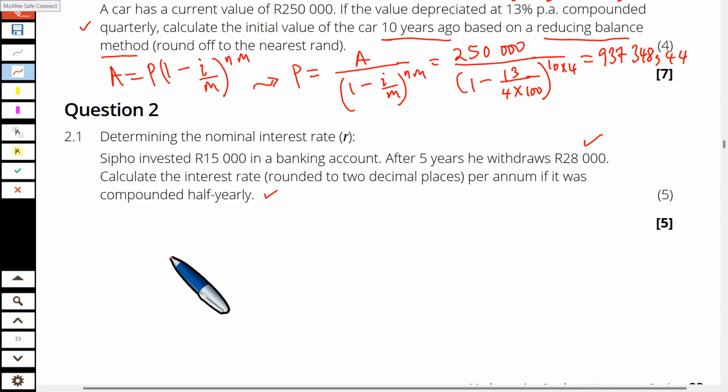Determining the nominal interest rate R. Sipho invested 15,000 in a bank account. After 5 years, he withdraws 28,000. Calculate the interest rate rounded to two decimal places per annum if it was compounded half yearly.